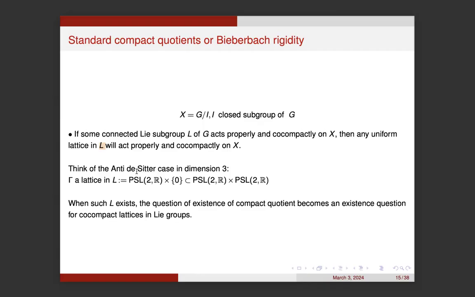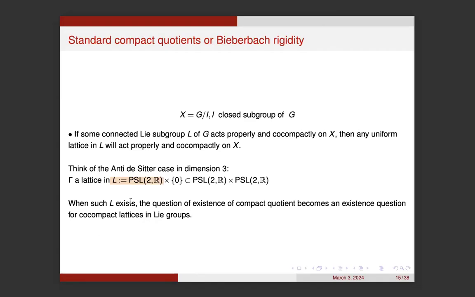You can think of this example of De Sitter space in dimension 3. The isometry group is this product, and here L can be taken to be just one of the PSL(2,R) components. The left action, or the right action, of L on De Sitter space is proper. So any lattice gamma inside L will also act properly. This was the construction I gave before.